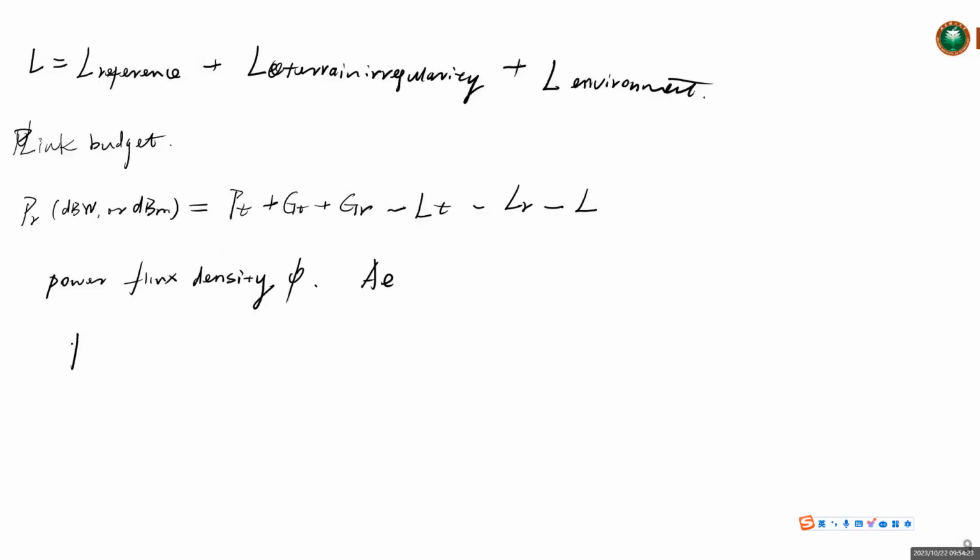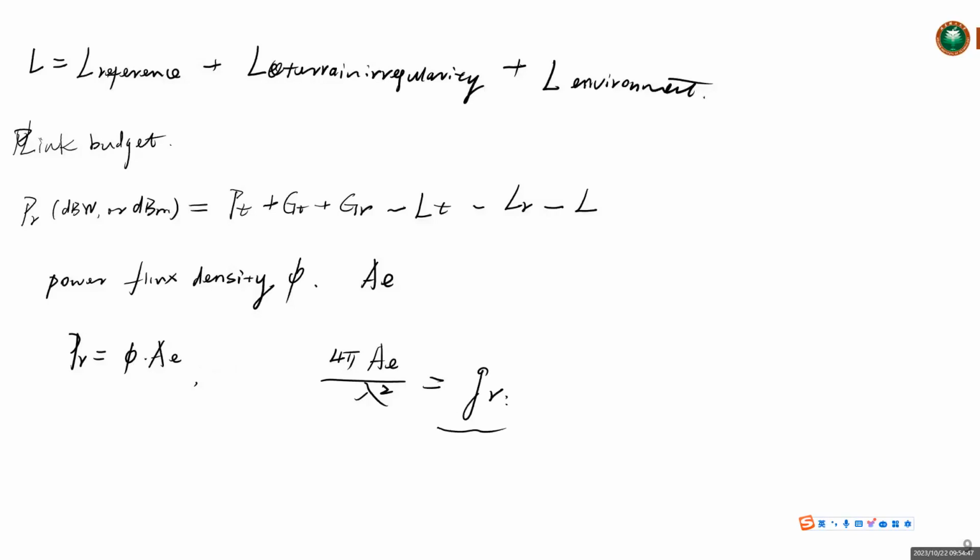So the received power can be expressed as phi times AE, and AE is related to the antenna gain. For example, 4 pi times AE divided by lambda squared equals the gain at the receiver side in linear range.